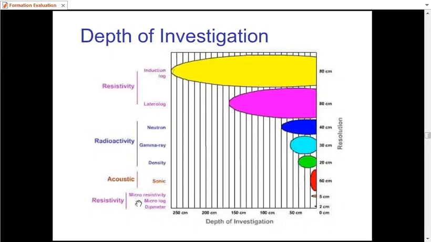If you are dealing with resistivity tools, you will consider the micro resistivity, the micro log, and also the dipmeter log. The dipmeter log is used to identify and measure the dip angle of the formation.